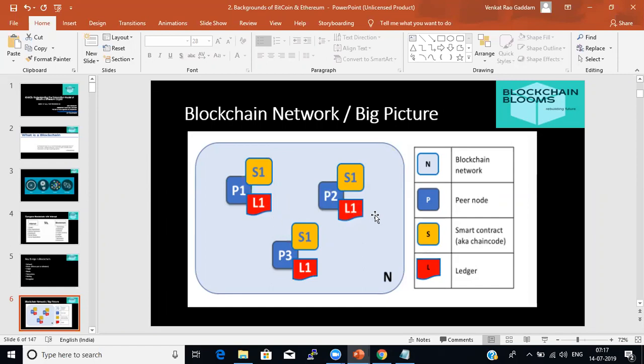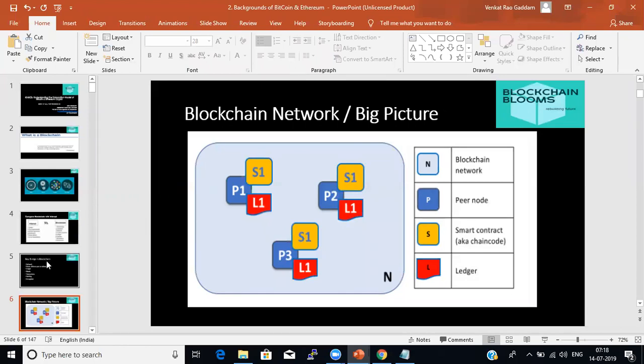Automatically, P2 will add that 6th block in its ledger, and P3 will also add the new block as the 6th block. Like this, the data will be stored in blocks, and the blocks will be added to the blockchain.